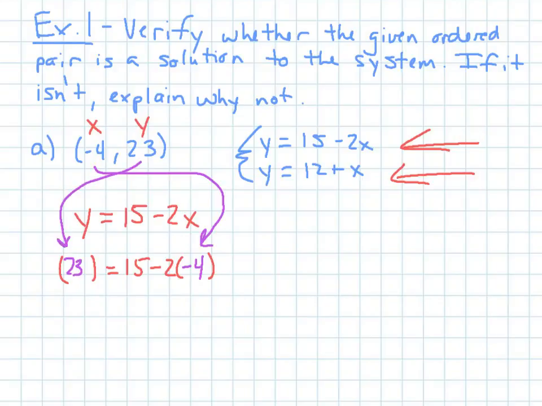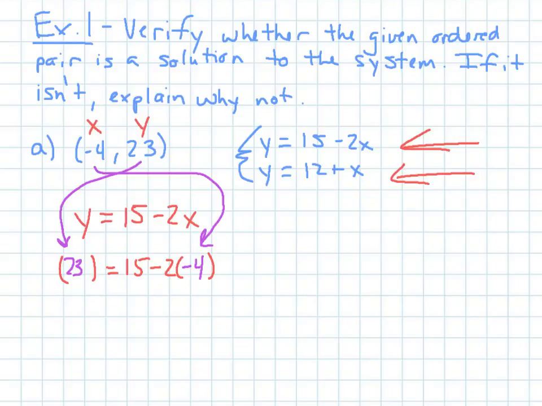Then from there, I want to simplify both sides if I have to. One side may not have anything to simplify, but I still want to have one number equaling one number, and if they're the same number, then it is a solution to that equation.